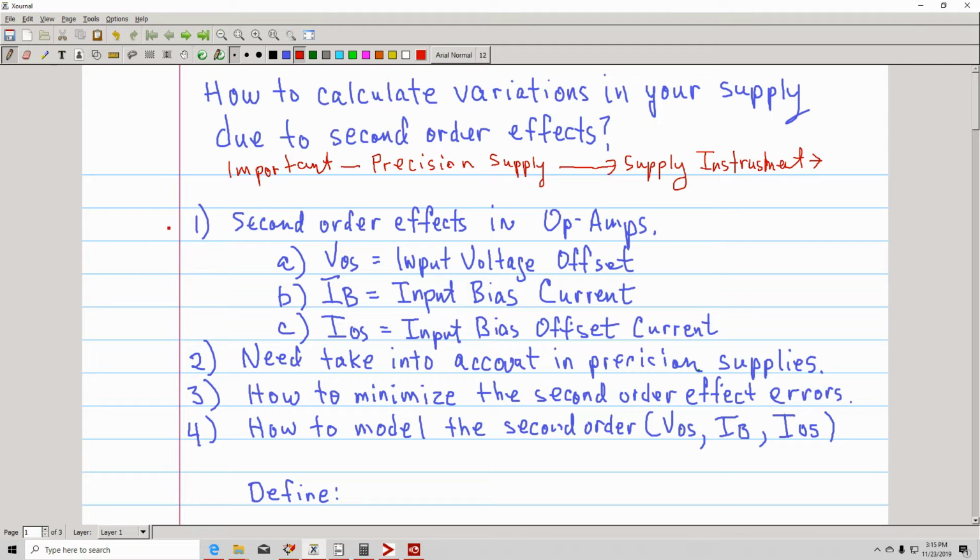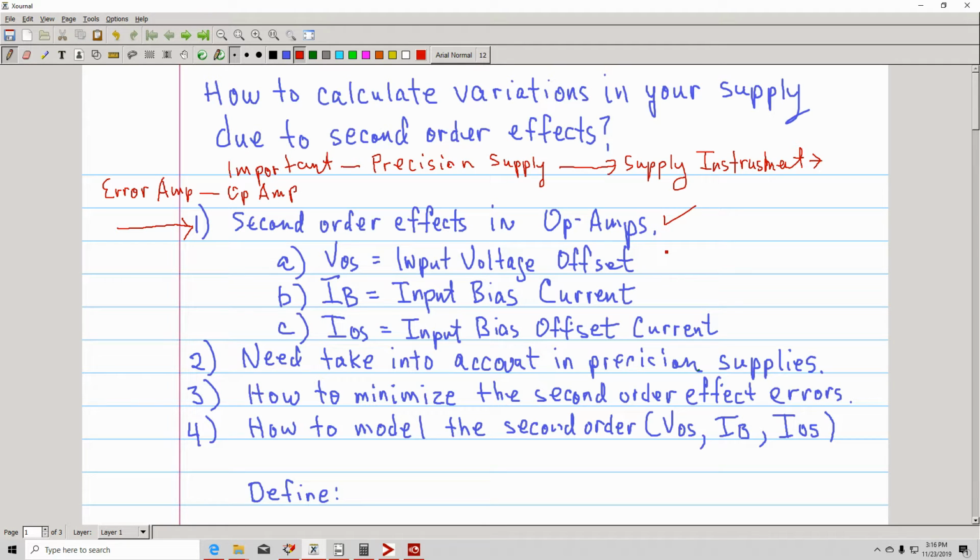Most of the variations typically come due to the error amp, and it's usually your op amp. The op amp that they're using. So basically the second order effects are from the op amp.